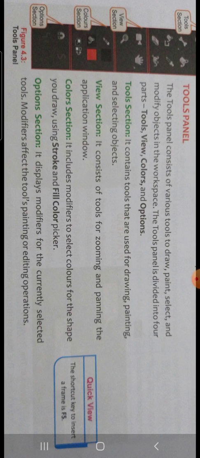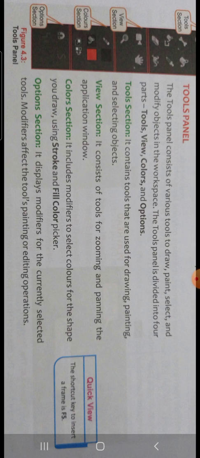Tools section contains tools that are used for drawing, painting, and selecting objects. We have all used these tools in Microsoft Paint. And the next is view section. As the name suggests, it is used to view. So these tools are used for zooming and panning the application window.